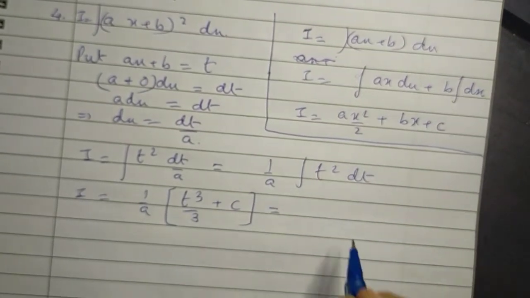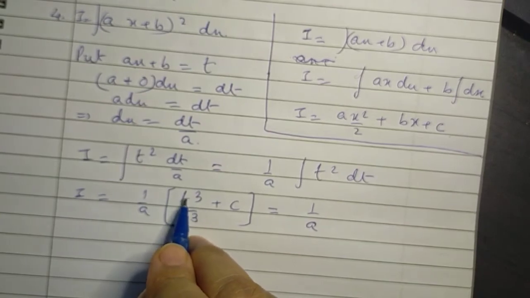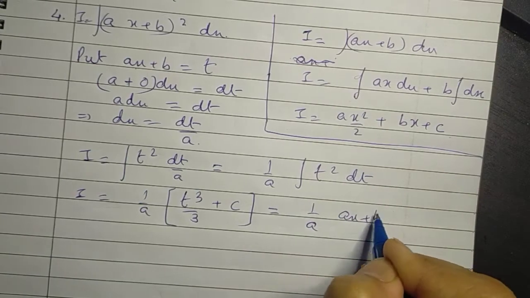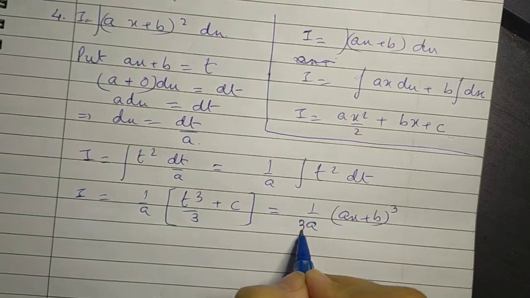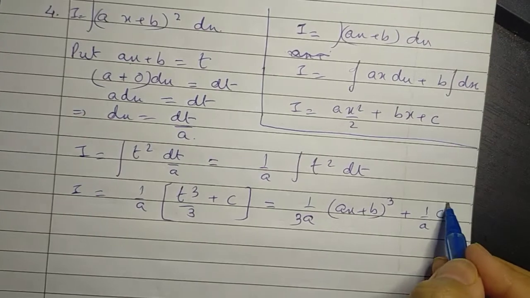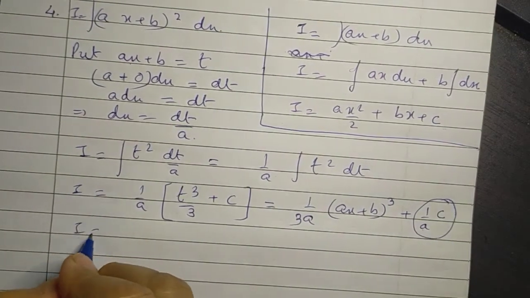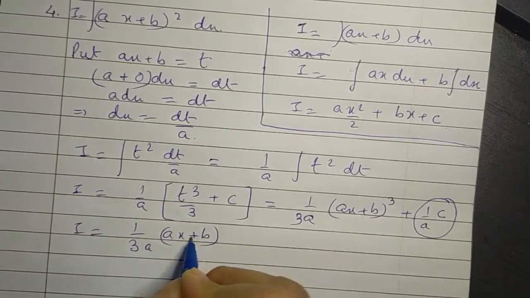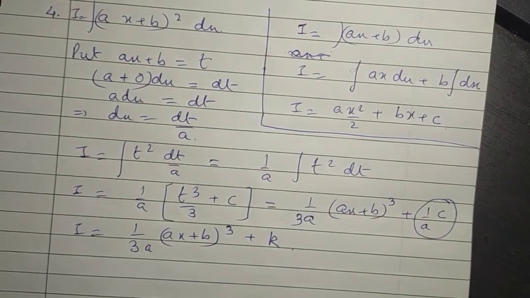You have to replace back the value of t, so we get ax plus b whole cube, and this 3 is already there, plus 1 by a into c. This is another constant because a is a constant and c is a constant. This can be written as 1 upon 3a into ax plus b whole cube plus another constant k, which is the answer.